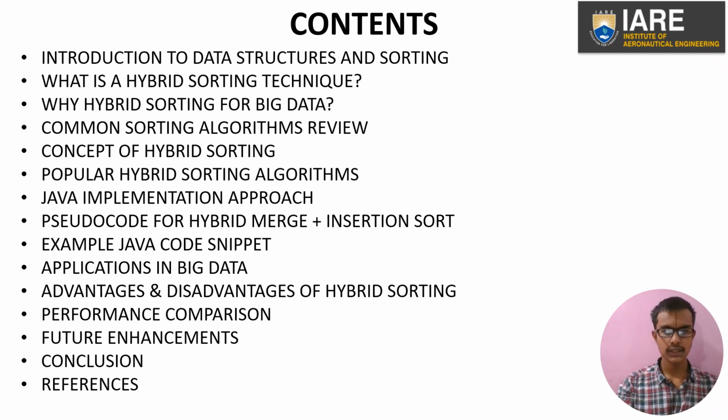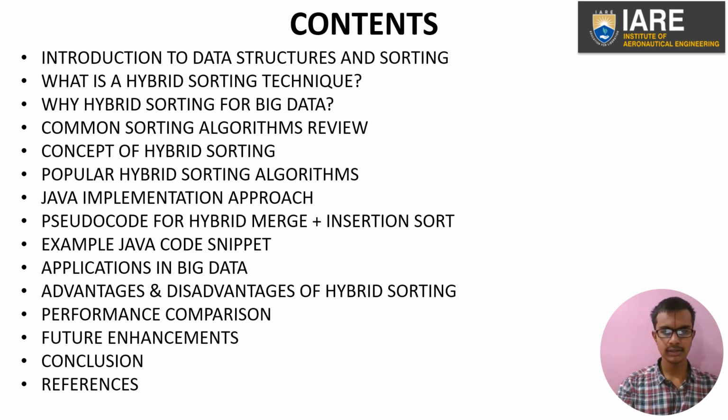Next, we'll go through Java implementation approach. Next, I'll explain a pseudocode for hybrid sort, and merge sort and insertion sort, the mix of these three sorting techniques. And after that, I'll explain an example Java code snippet.